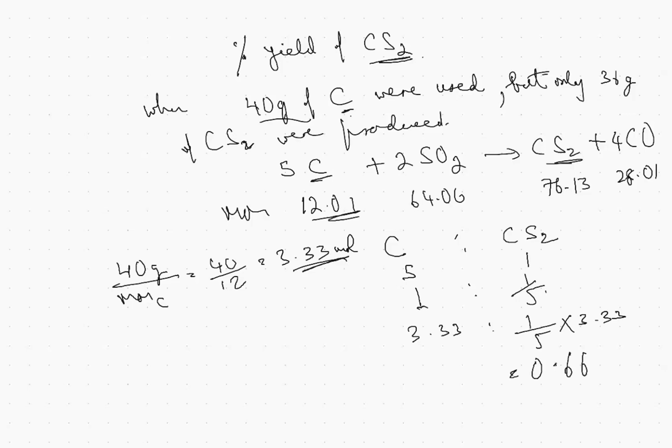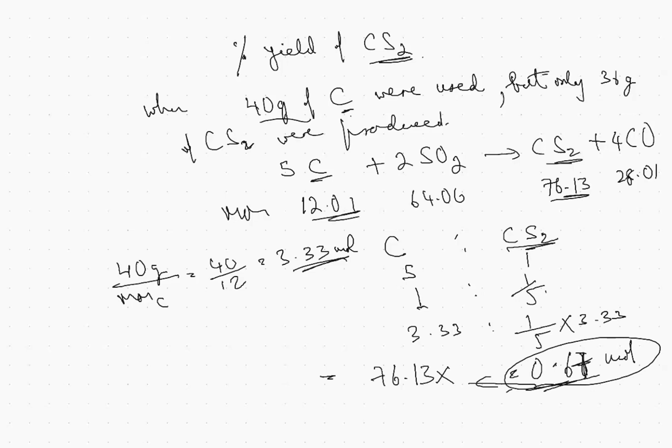So let us see the mass of this first of all. What do you do? CS2 is 76.13. You multiply by the number of moles, 0.67. So 0.67 times 76.13, I get 51 grams.